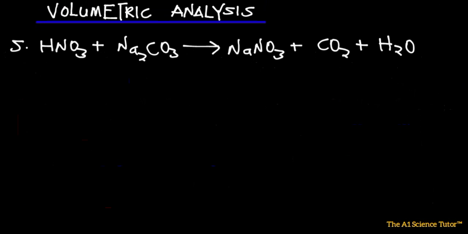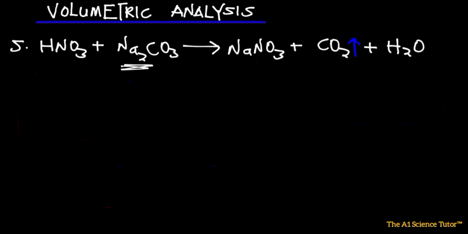Carbon 4 oxide actually evolved, so we need to place that there. So that is what we have. So what is going to be the answer? How are you going to balance this? So let's find out what's going on.